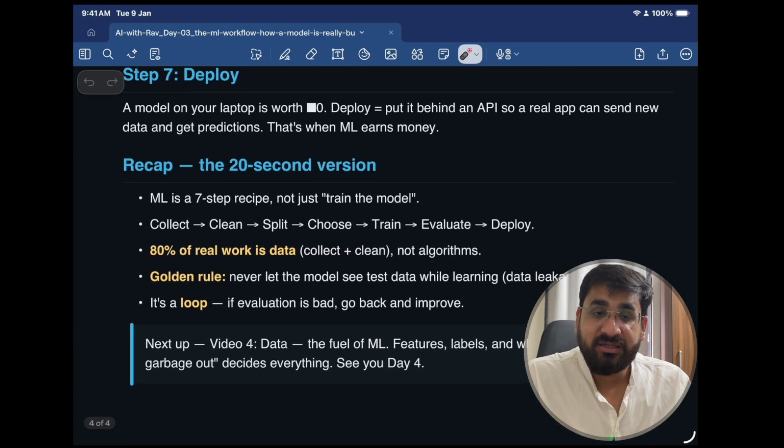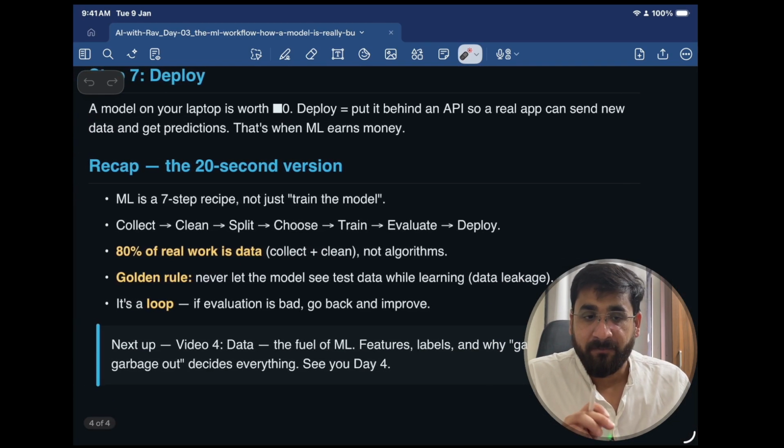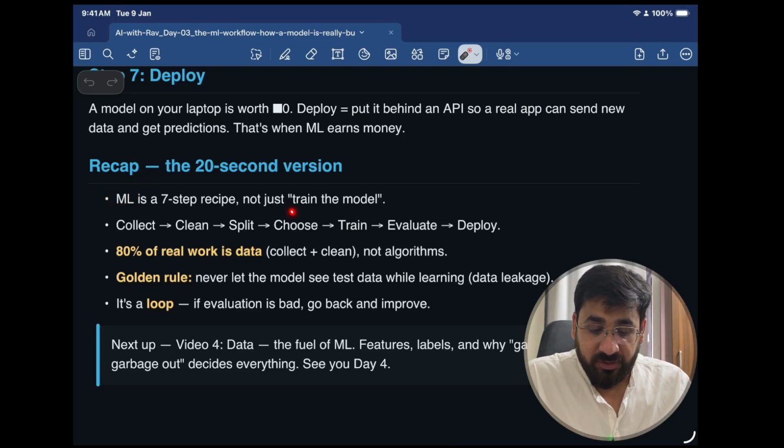Now this 20 second recap will clear all your doubts. What are these first 7 steps, and how to remember them? Always remember the word choose.